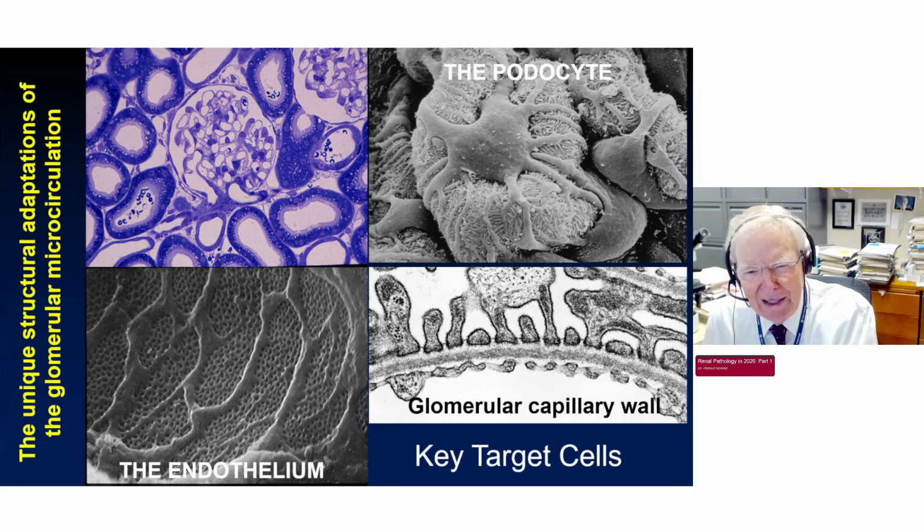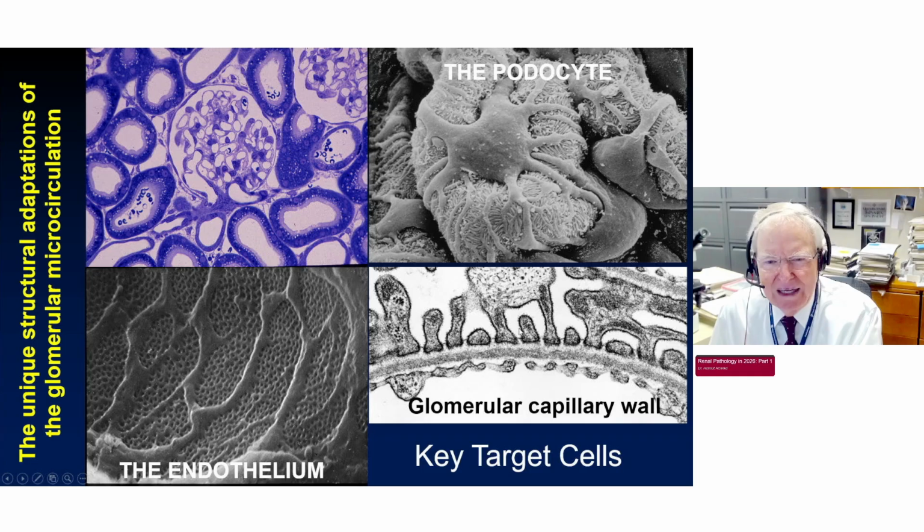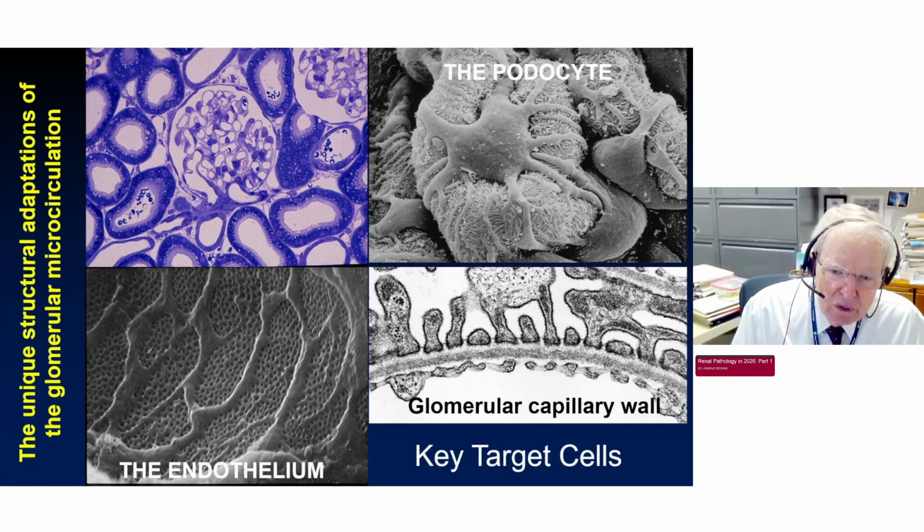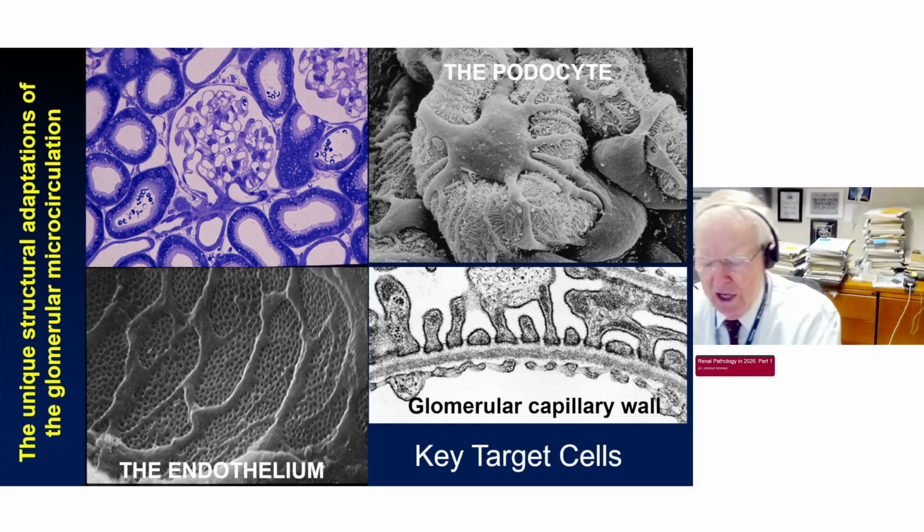So the endothelial cell is the target in most of the nephritic conditions. The epithelial cell only gets, if you will, incidental or collateral damage, and therefore the proteinuria often is minimal.